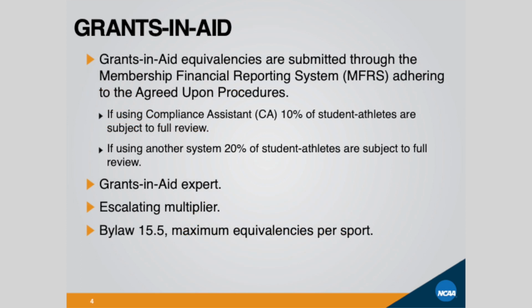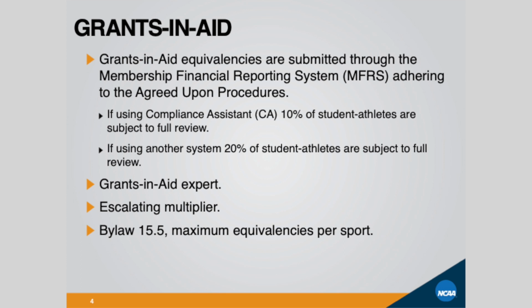Grants and Aid equivalencies are submitted through the Membership Financial Reporting System, which is subject to the agreed-upon procedures performed by an independent auditor. Per the agreed-upon procedures, the institution's independent auditor must test the Grants and Aid before submitting. If you are using Compliance Assistant, the auditor is required to fully review 10% of your student-athletes' financial aid information.